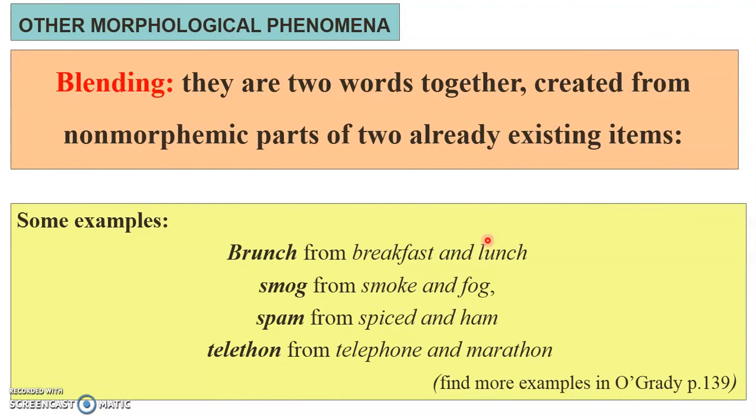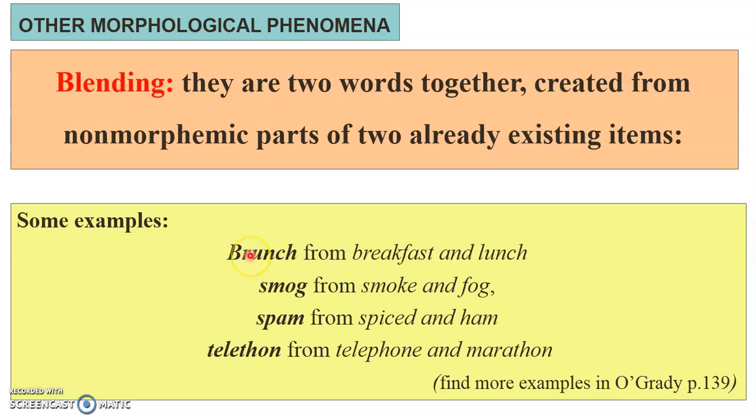Then we have blending. They are two words put together, but created from non-morphemic parts of two already existing items. For example, we have breakfast and lunch. So we have brunch.